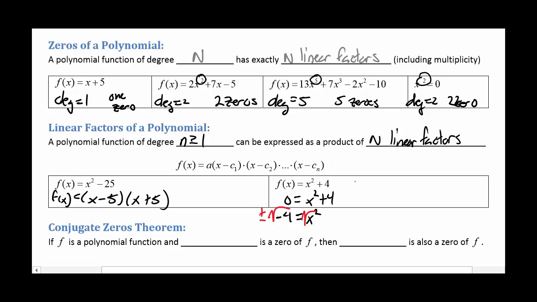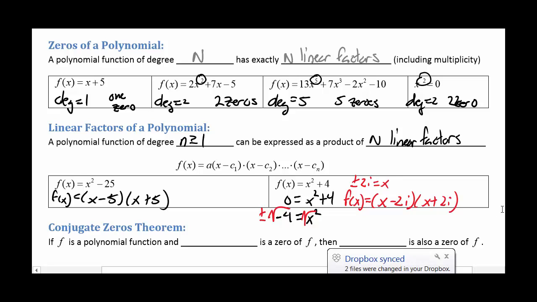And what's the square root of negative 4? That's 2i. So I can rewrite this in terms of a set of factors that have complex roots: x minus 2i and x plus 2i. The point is that I can rewrite any polynomial in terms of a set of linear factors, and essentially write it out in its factored form for any type of factors that I want.